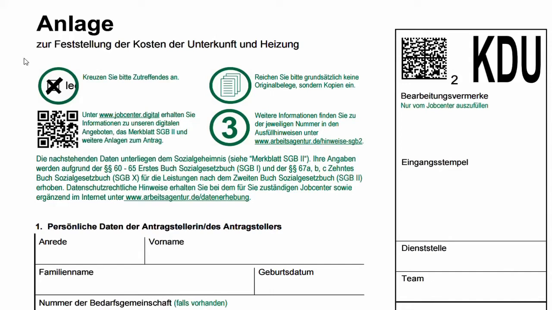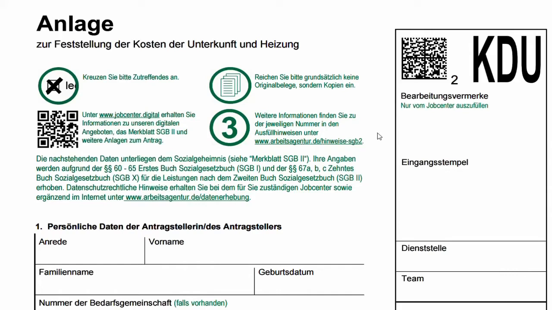Actually, this form is made up of two parts. The first part is on the left side of this application form, and this part, from the beginning till the end of this application, you fill in by yourself or someone else fills it in for you.